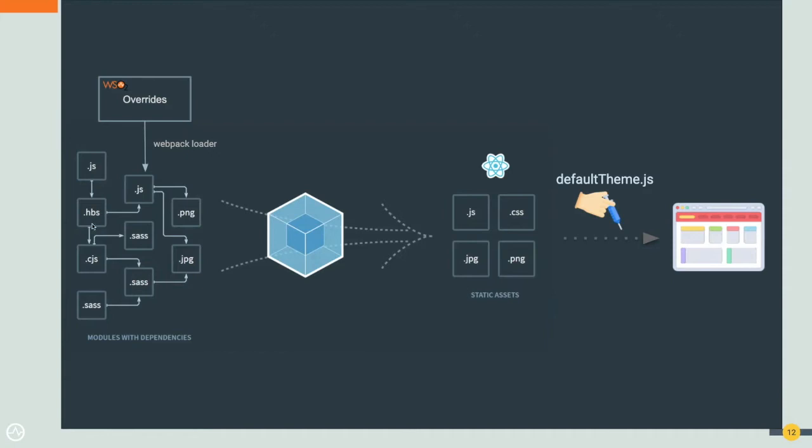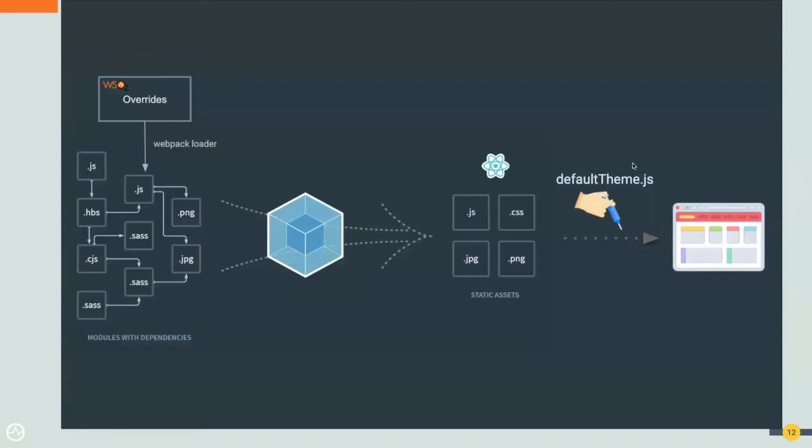First we have the JavaScript, HBS and CSS modules, the raw files, and then we use Webpack to transpile and bundle them into a set of static files, like JavaScript and CSS, which we send to the user's browser when the user requests them, and in the browser the React page rendering happens.